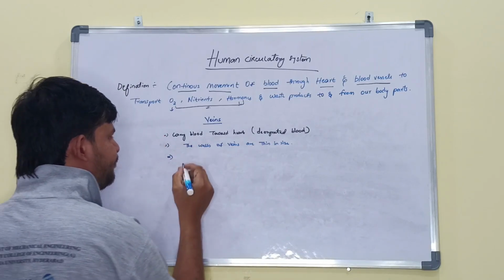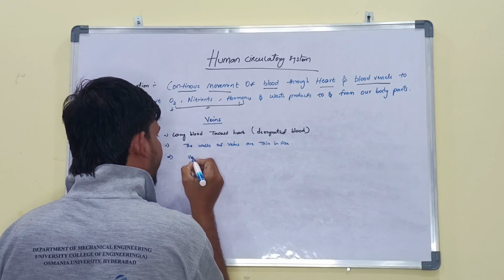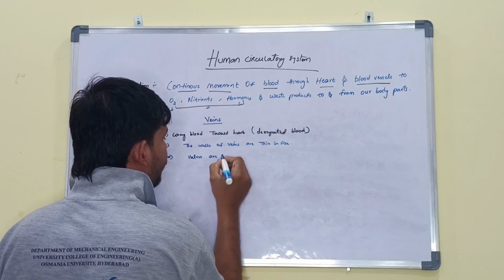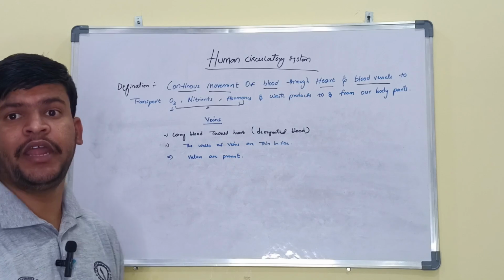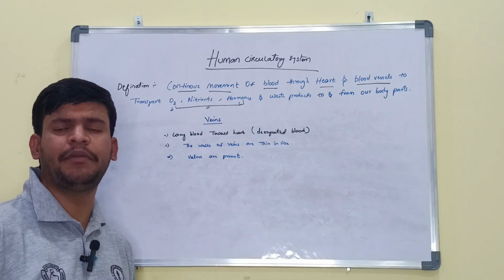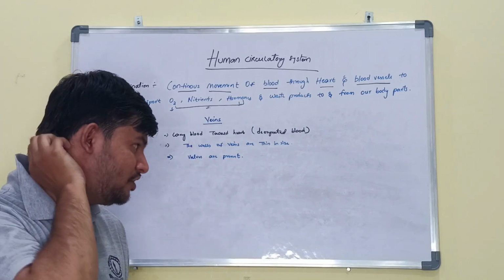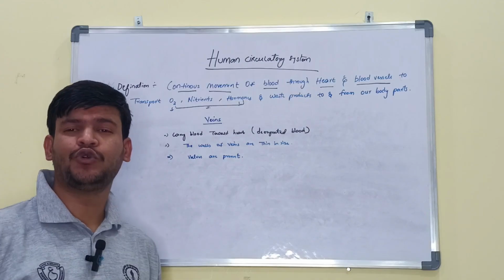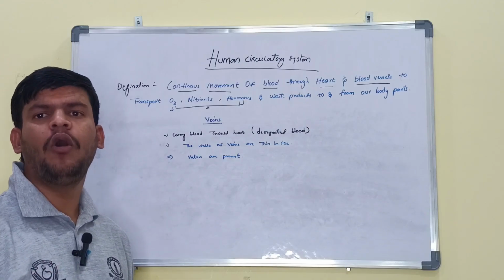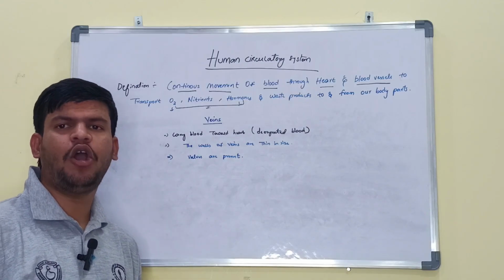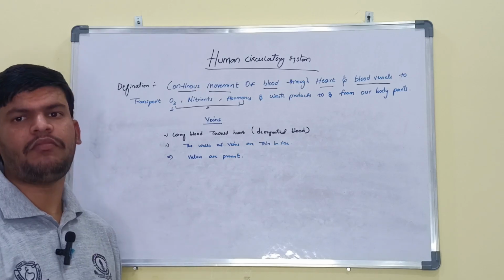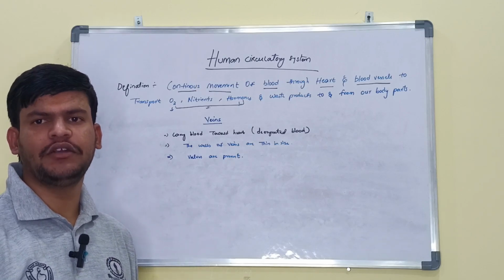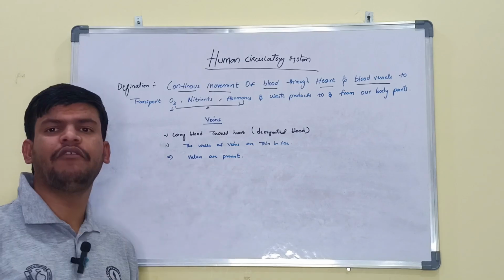Third point is valves are present. In arteries, valves are absent, whereas in veins, valves are present because there is a chance of blood flowing in backward direction, as low pressure blood will flow backward. That's why valves are present.